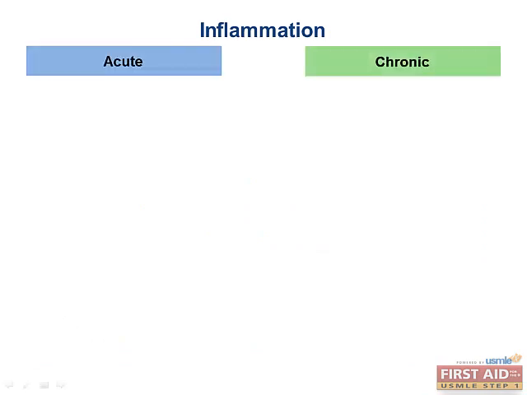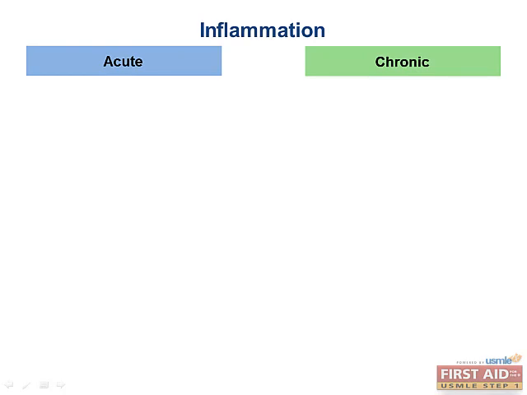Alright, very good. So now let's talk about and compare acute and chronic inflammation. And essentially, the main difference between these two is just how long the inflammation has been present. Initially, acute inflammation occurs, and then after it resolves, or even if it persists, that will progress to chronic inflammation. So we're just going to compare right now, in general, the basic cells that are present in both of these.